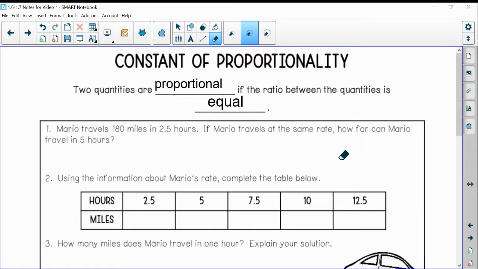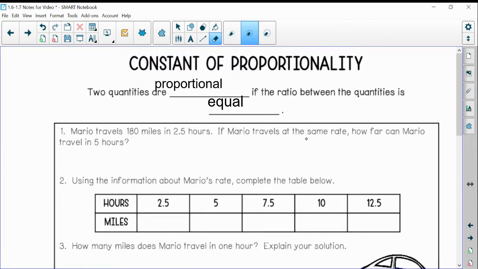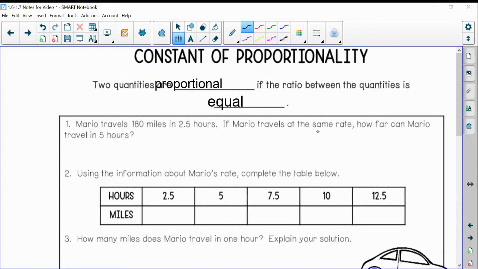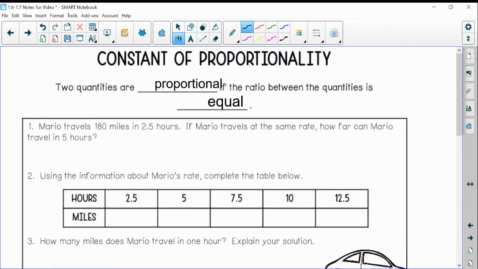All right, so two quantities are proportional if the ratio between the two quantities is equal. So it tells us Mario travels in 2.5 hours if he travels at the same rate. An equal same rate.